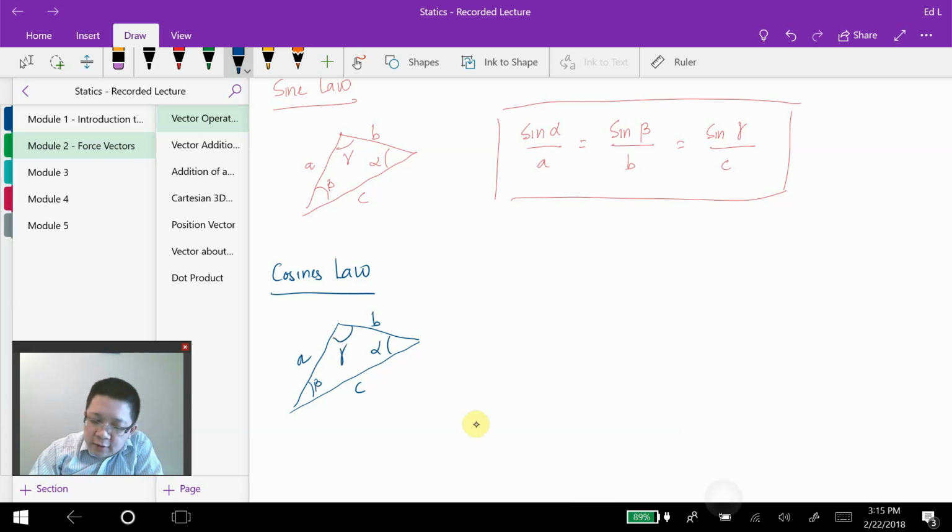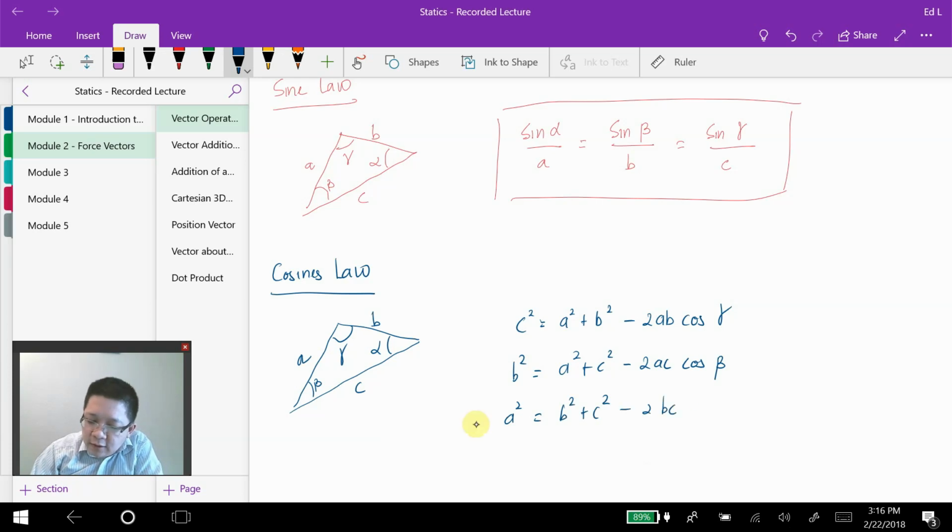The cosine law tells us that C squared is equal to A squared plus B squared minus 2AB cosine gamma. Or we can also write B squared equals A squared plus C squared minus 2AC cosine beta. And A squared is B squared plus C squared minus 2BC cosine alpha.